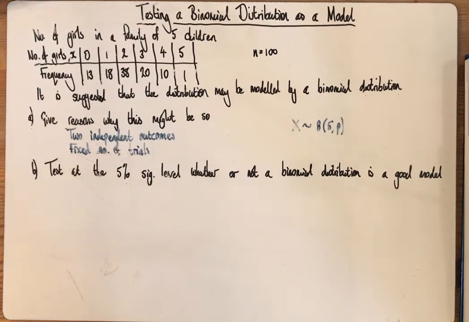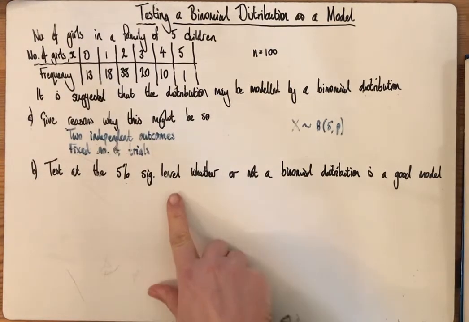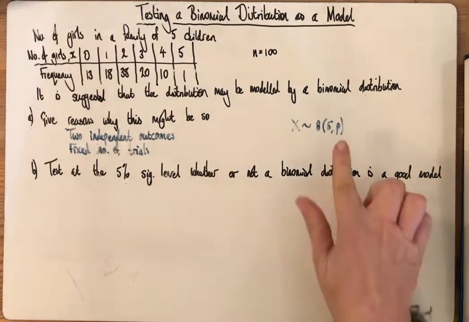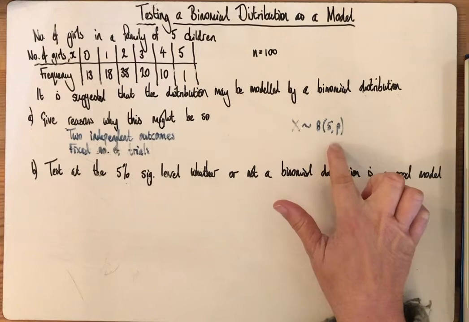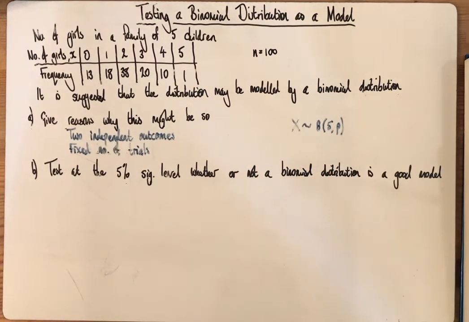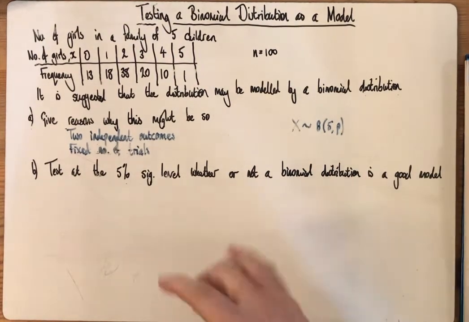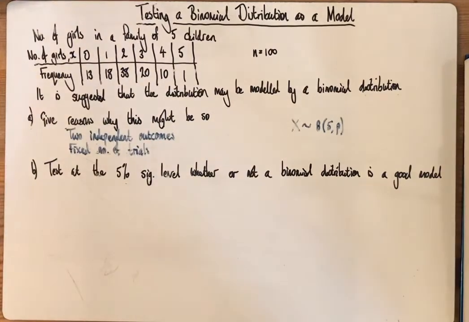If you test at the 5% significance level whether or not it's binomial with p at 0.5, it actually doesn't fit. But I'm going to run through a test where we estimate p from the table, and it will come out as being a bit different to 0.5. So maybe the families come from a certain area where the probability of being a girl is slightly lower for some reason.